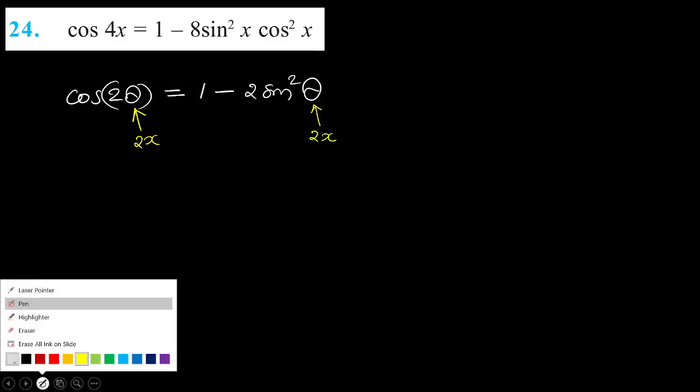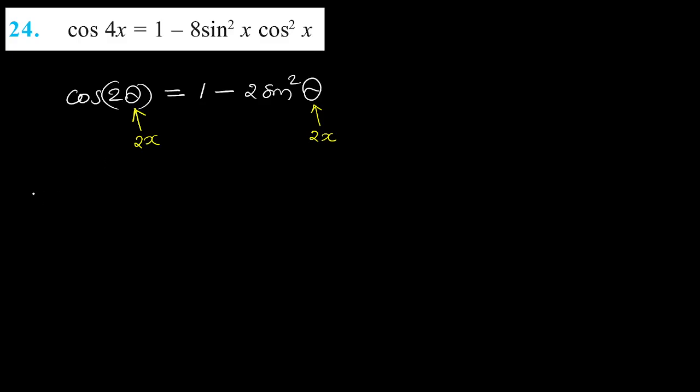So in the sentence you may write, putting theta equal to 2x. The left side will be 2 into 2x, that is 4x. Right side, theta is 2x, so 1 minus 2 sine square of 2x. All of it clear? Understood?